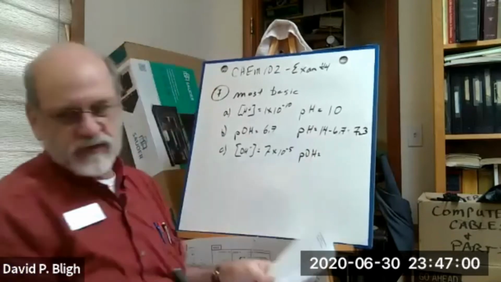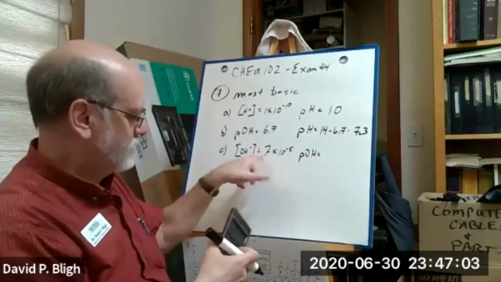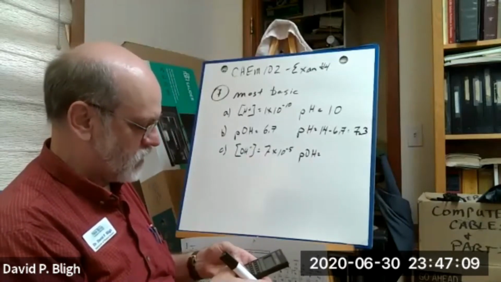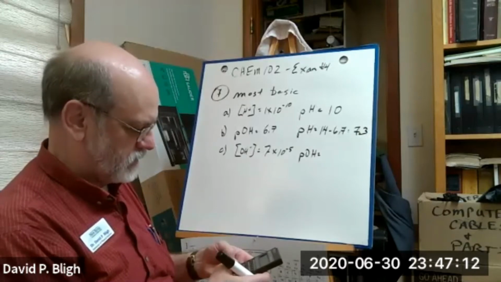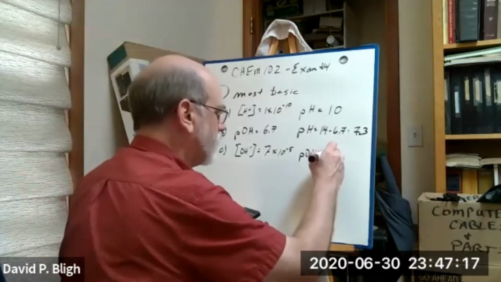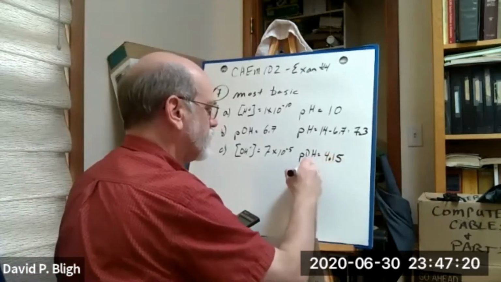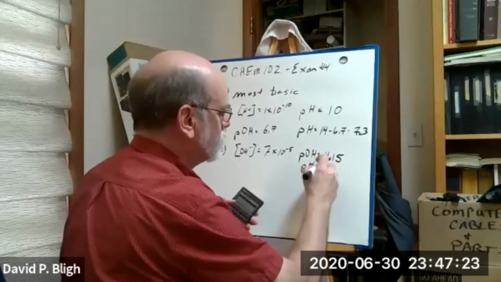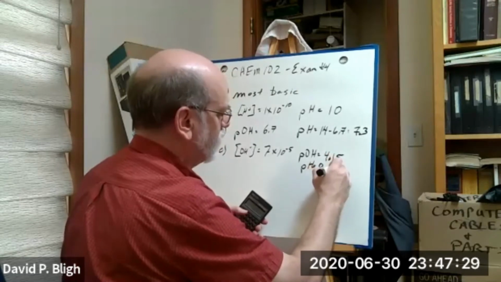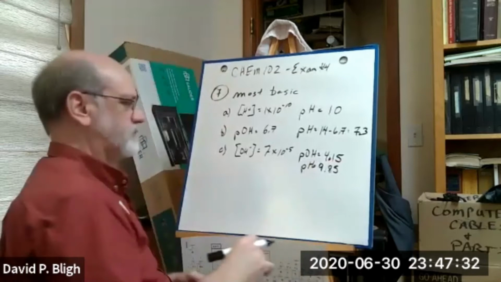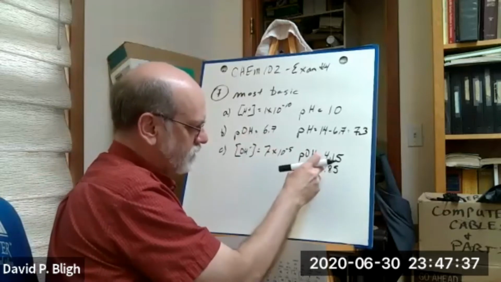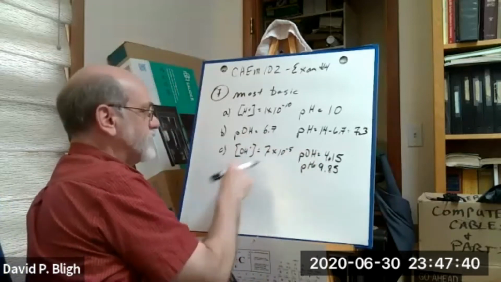I have to do this one in the calculator because we've got a coefficient there. 7 exponent minus 5, and take the log of that, and then change the sign, 4.15. pH is equal to 9.85. Right, plus those together should be 14. Yeah. Okay. So A is still the most basic.